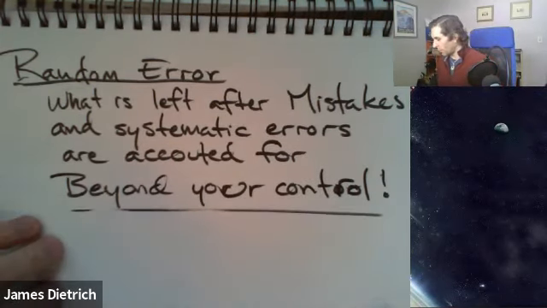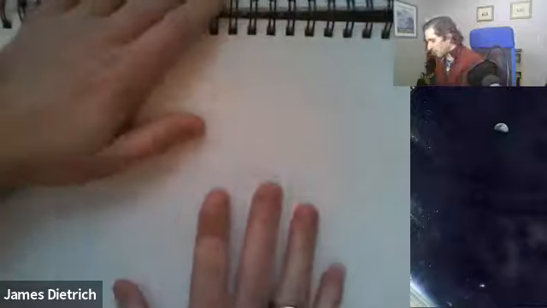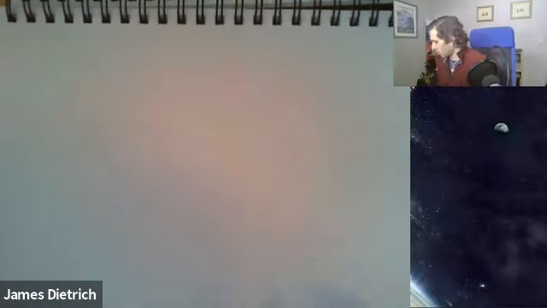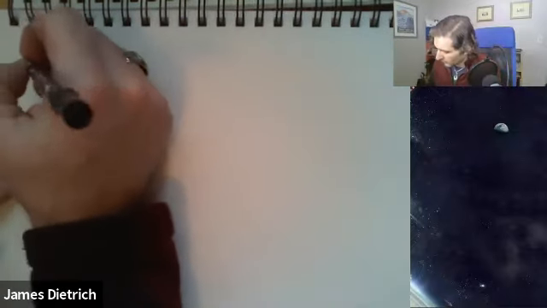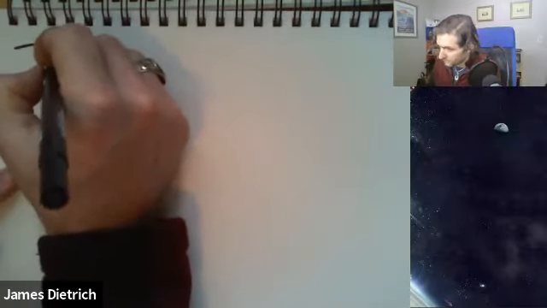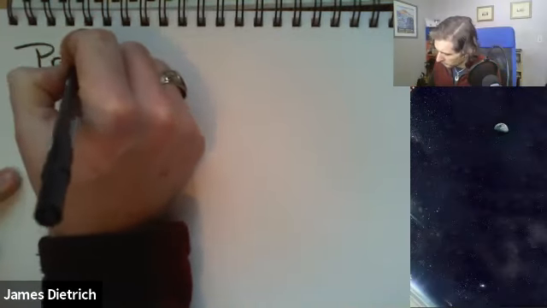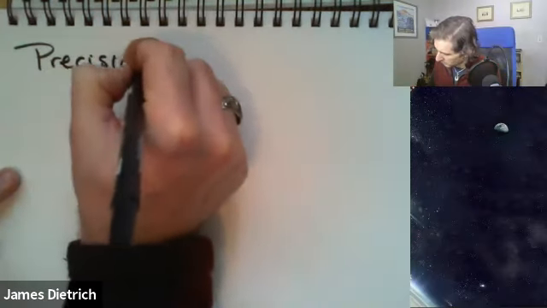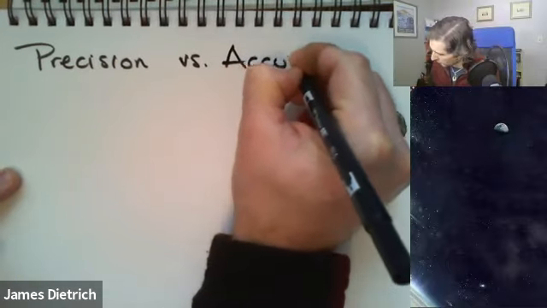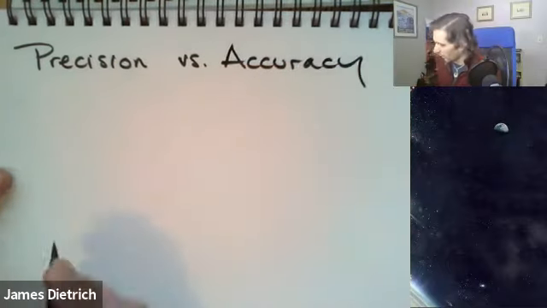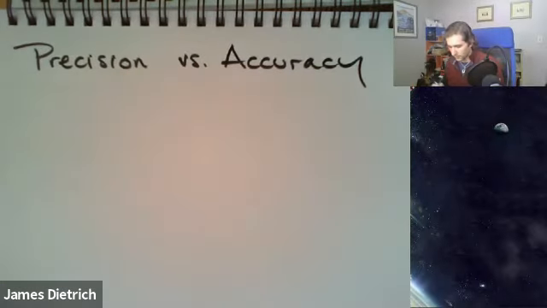All right, so next up is one of my favorite diagrams that I like to draw all the time in any GIS class. But this is to illustrate the ideas of precision versus accuracy. So we've been talking about error.